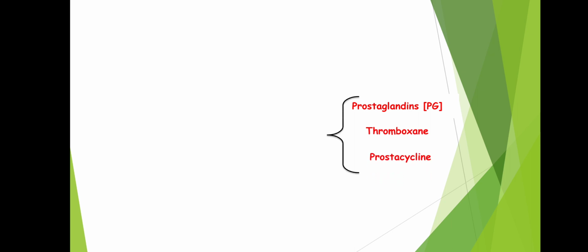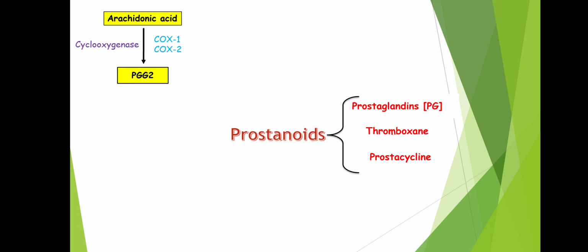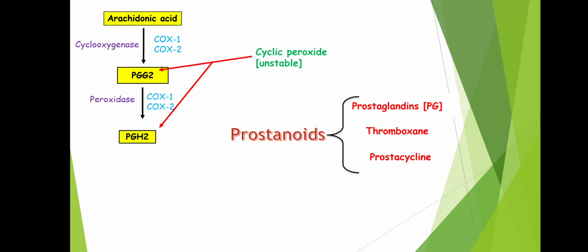Now, the prostaglandins, thromboxane and prostacyclin, these three are collectively termed prostanoids. And how are these prostanoids synthesized? Starting from arachidonic acid, which is first converted into PGG2. PGG2 is rapidly converted into PGH2. Both PGG2 and PGH2 are unstable cyclic peroxides, and PGH2 is rapidly converted into prostanoids by the enzyme isomerase.